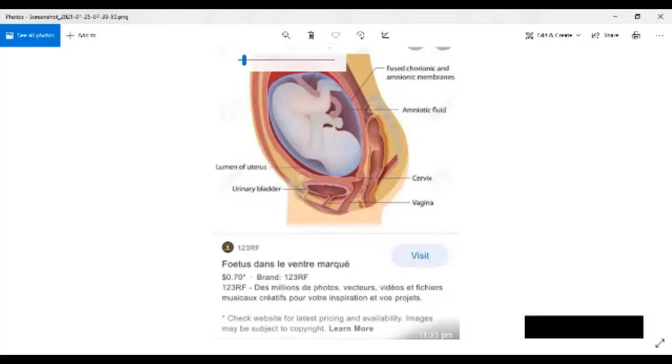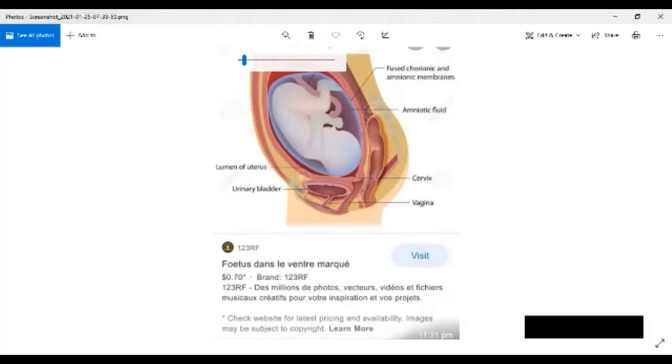After the zygote, it becomes a fetus, and then these fetus tissues and the mother's uterine tissues combine together to form the placenta, and the placenta helps in attaching the baby to the inner wall of the uterus, that is the endometrium.